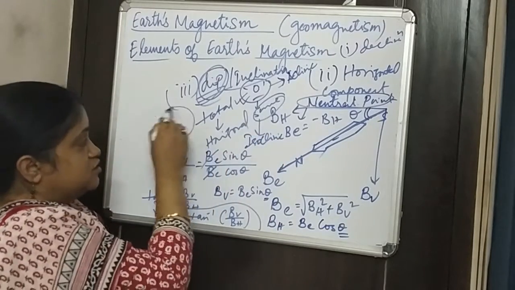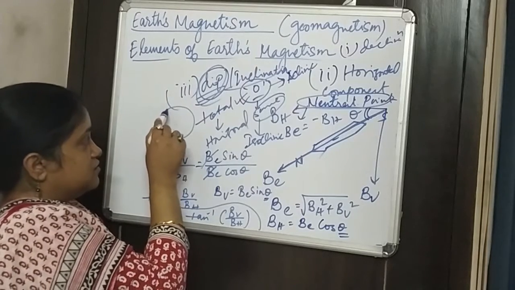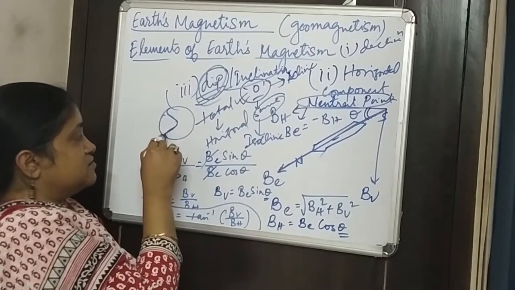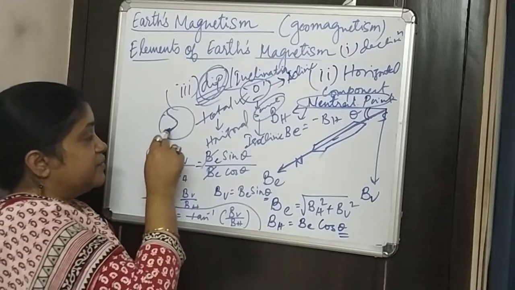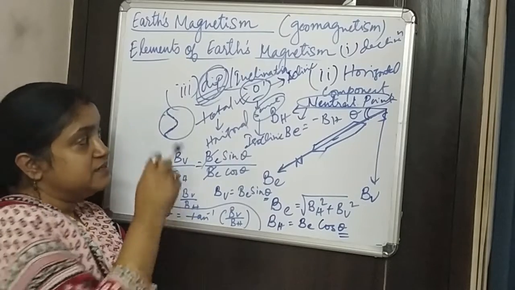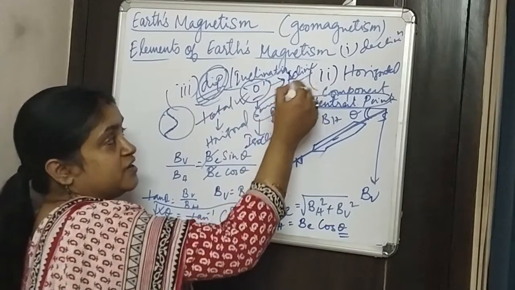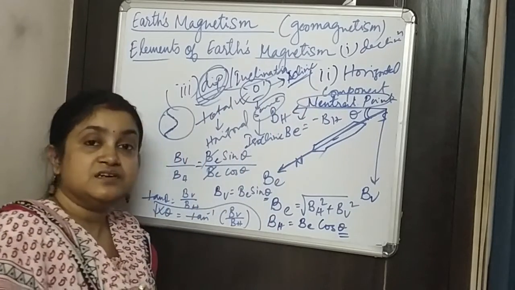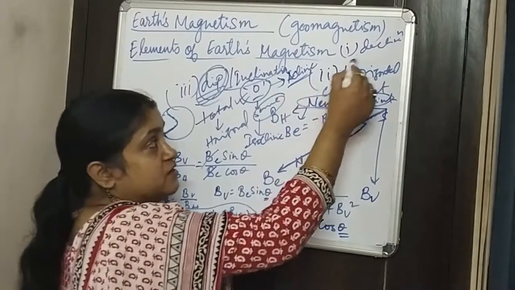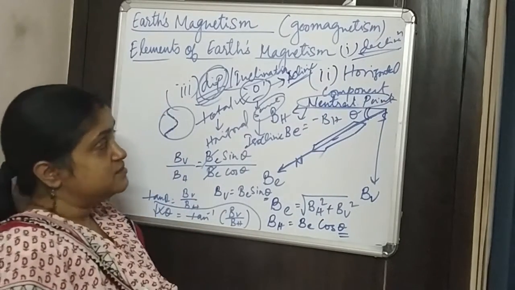So suppose this is on earth, and you join these places with this line, so this line is an isoclinic line. All the points on this line will have the same inclination or dip. Same way, all the points on an aclinic line will have zero inclination. Same way, we have also seen in declination, there are these lines.